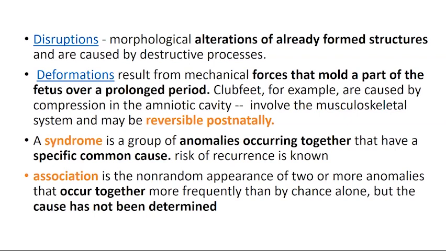So if one problem is seen in one part, another similar defect is going to be associated with it. That is, the two anomalies are going to occur together simultaneously. That is an association. It occurs more frequently than by chance alone, but the cause has not been determined. Why, if one defect is there, should the other defect occur along with it?